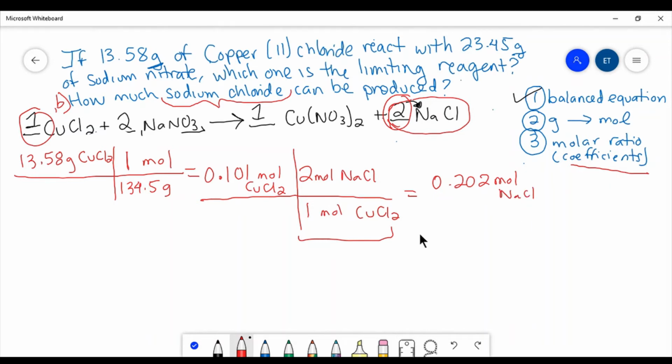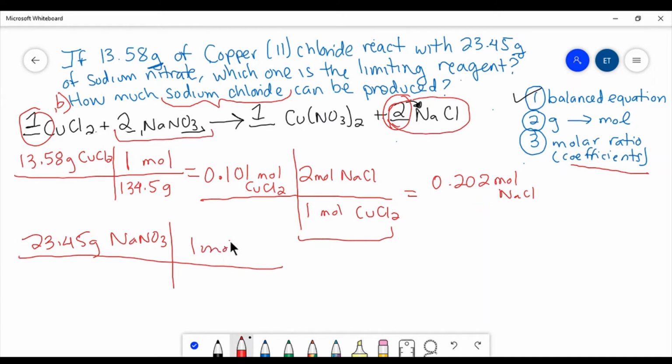Now in order to determine the limiting reagent, you're going to do the same thing with this reactant. We know that we have 23.45 grams of sodium nitrate.